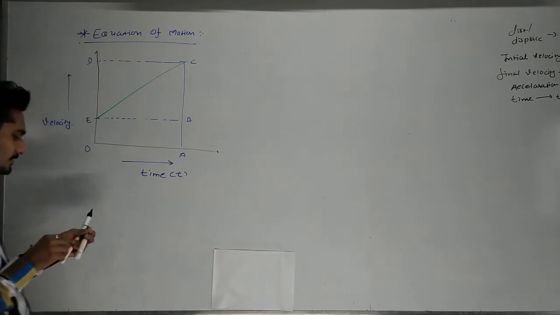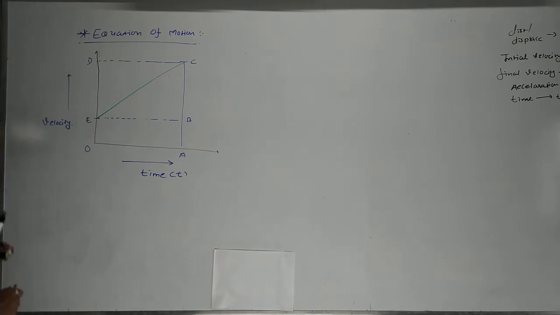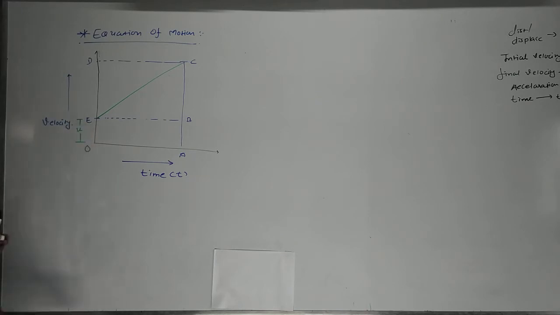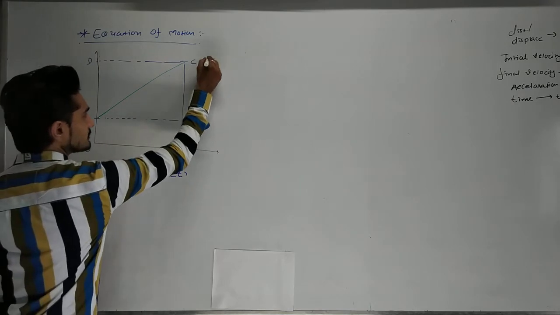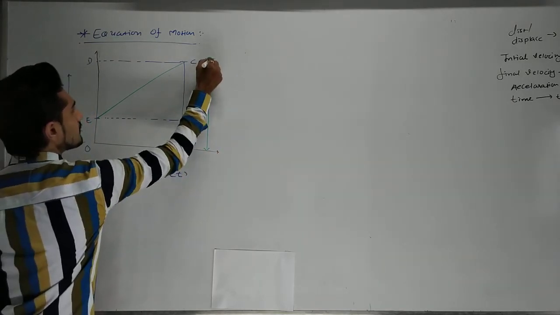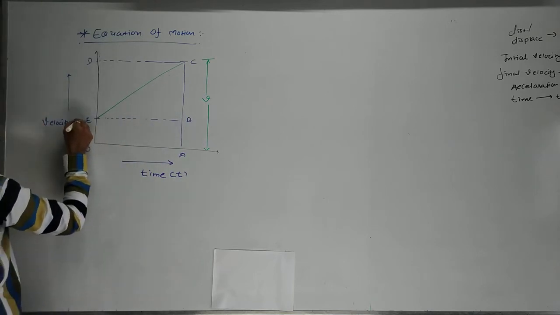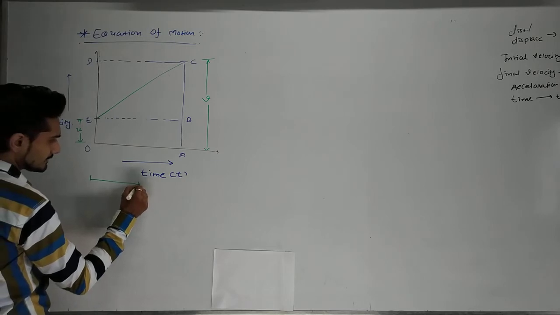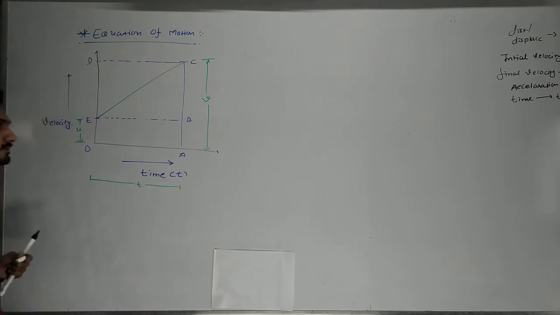Now I will give you the basic concept here: this is called the initial velocity u, this is called the final velocity v, and this will be considered as t. Okay, hope you all get that.